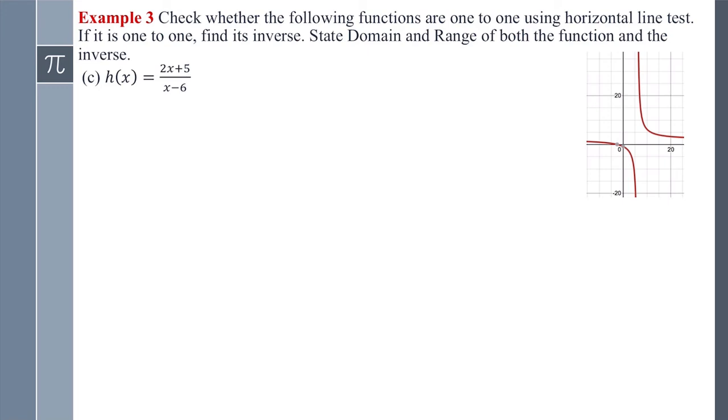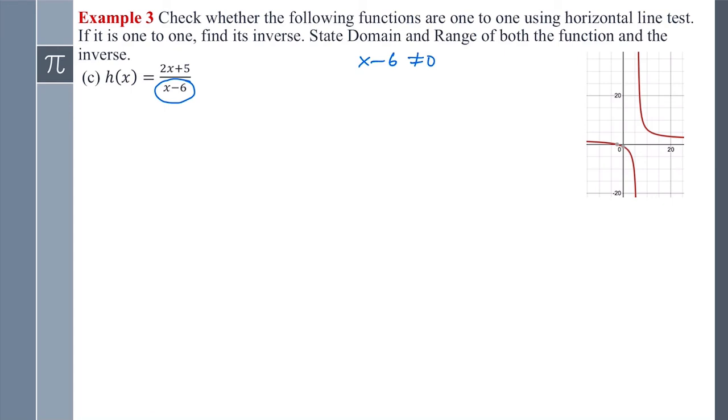So let's look at one more question, one more function, which is a rational function. We'll talk more about rational functions later in the course, but now we are going to find the inverse of this function. First, let's look at the graph to find the domain and range. The domain of this function is all x values such that x minus 6 is not equal to 0.